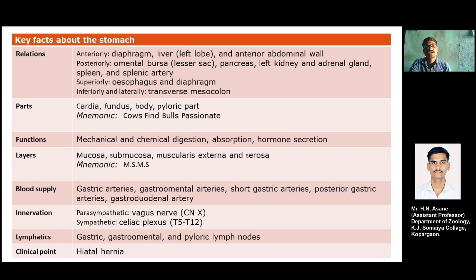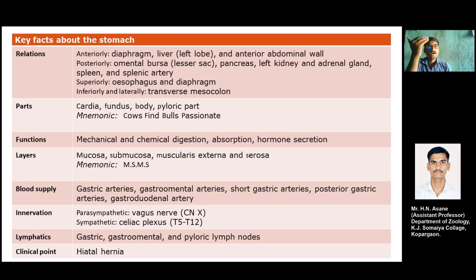Below that the pancreas is present, then the left kidney and the adrenal gland on the posterior surface, and then the spleen and the splenic artery, which provides the blood supply for the spleen. At the superior portion of the stomach, the esophagus and the diaphragm are present.